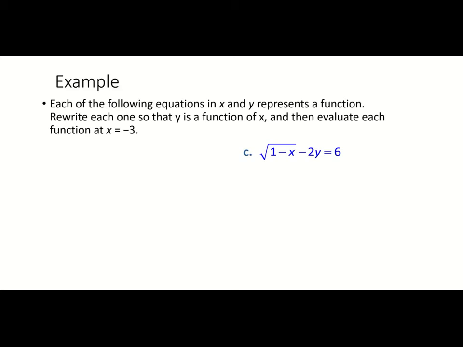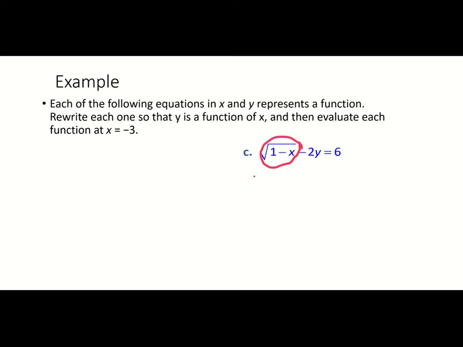Okay, so here is our last one that we need to solve for y, and then evaluate at x equals -3. So the first thing I'm going to do is treat this radical as one expression. I'm going to move that whole thing over.